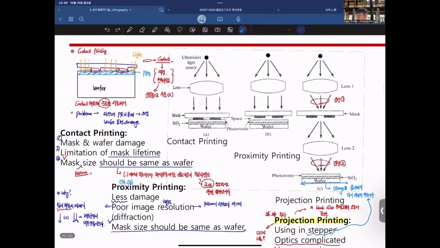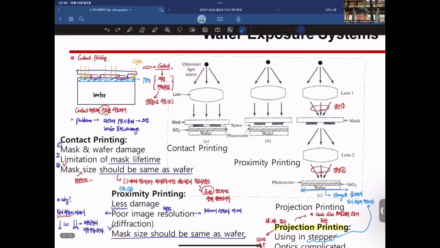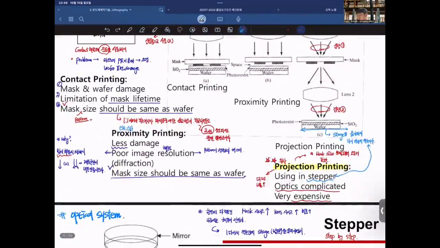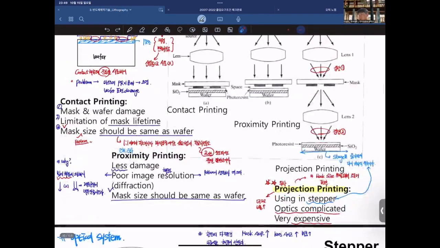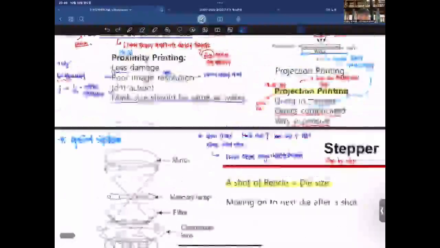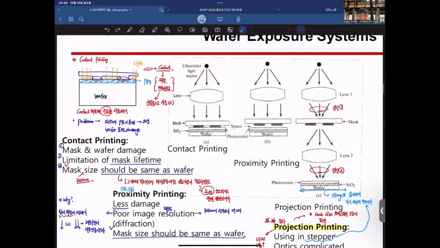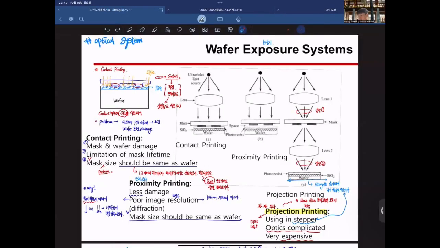It condenses our light, so it has no damage, and we can make a much smaller pattern in the semiconductor, but it has an expensive and bigger machine. And there is some problem with this technique.